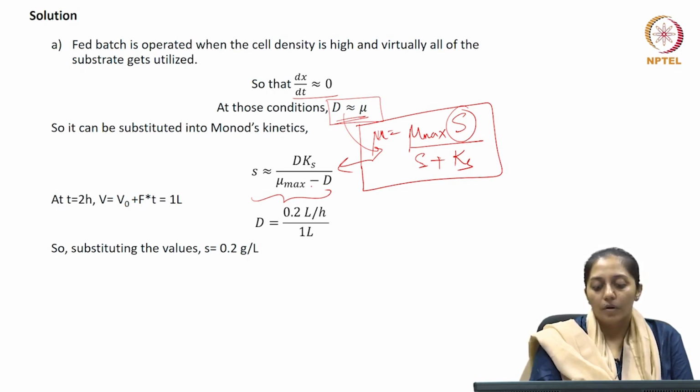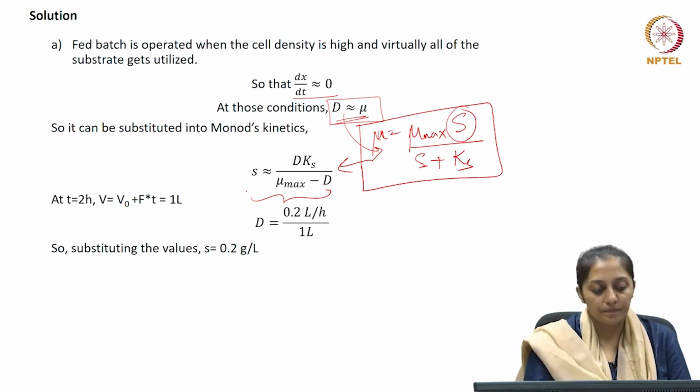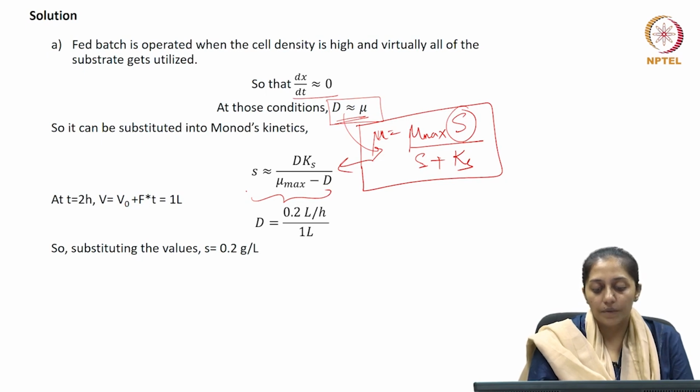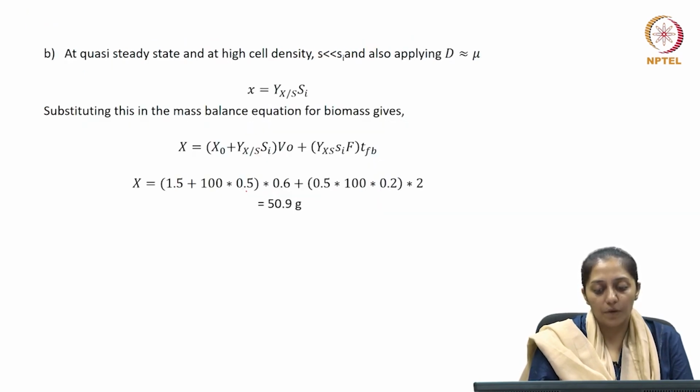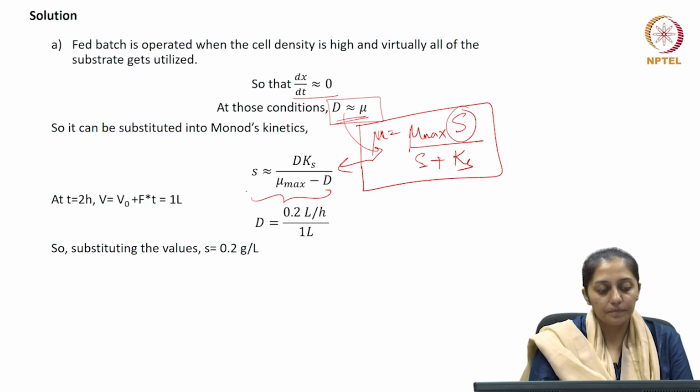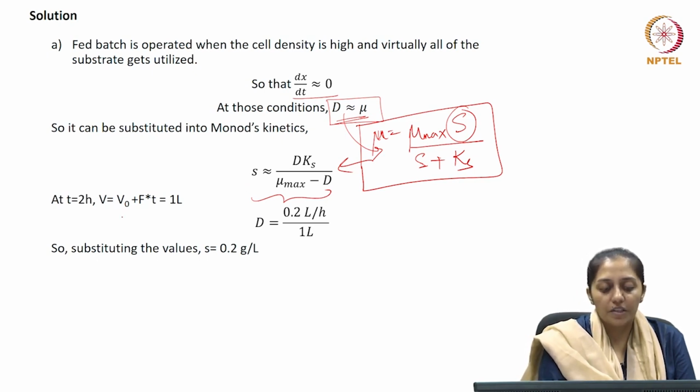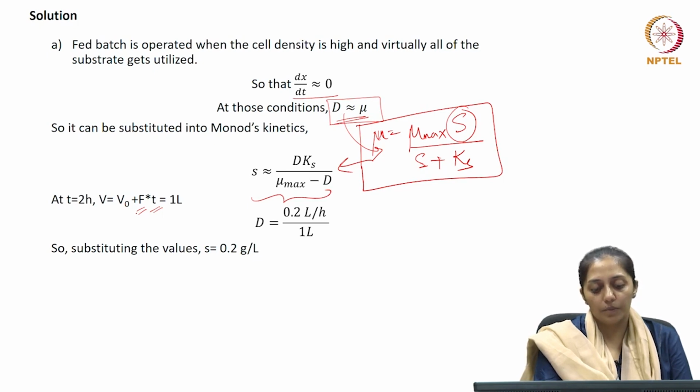Now it is said that at t equals 2 hours, we need to determine the biomass. So given the initial volume and the time of 2 hours and the volumetric flow rate, we can find the final volume.